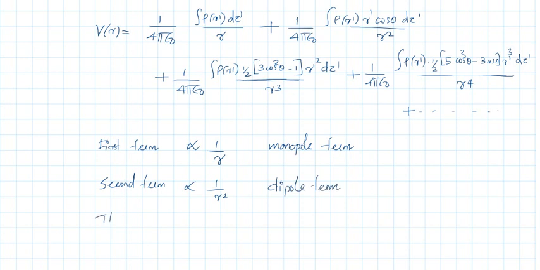Third term varies like 1 by r cubed. It is called quadrupole term. Fourth term varies like 1 by r raised to 4. It is called octupole term.